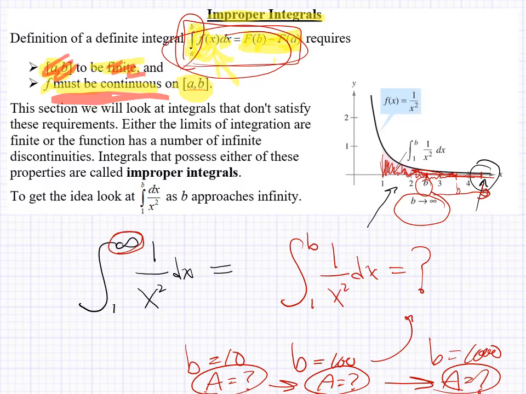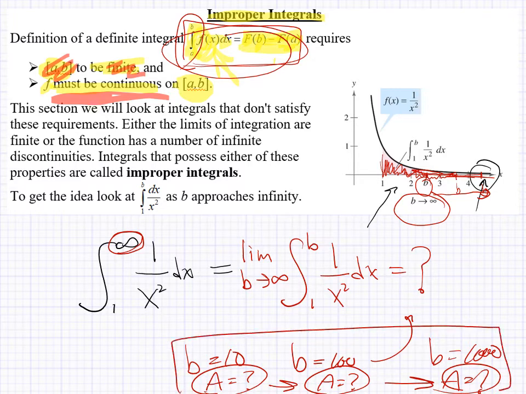And so if we do the limit as b goes to infinity of the integral from 1 to b of 1 over x squared dx, that will be exactly what I'm asking you to do here. Okay?